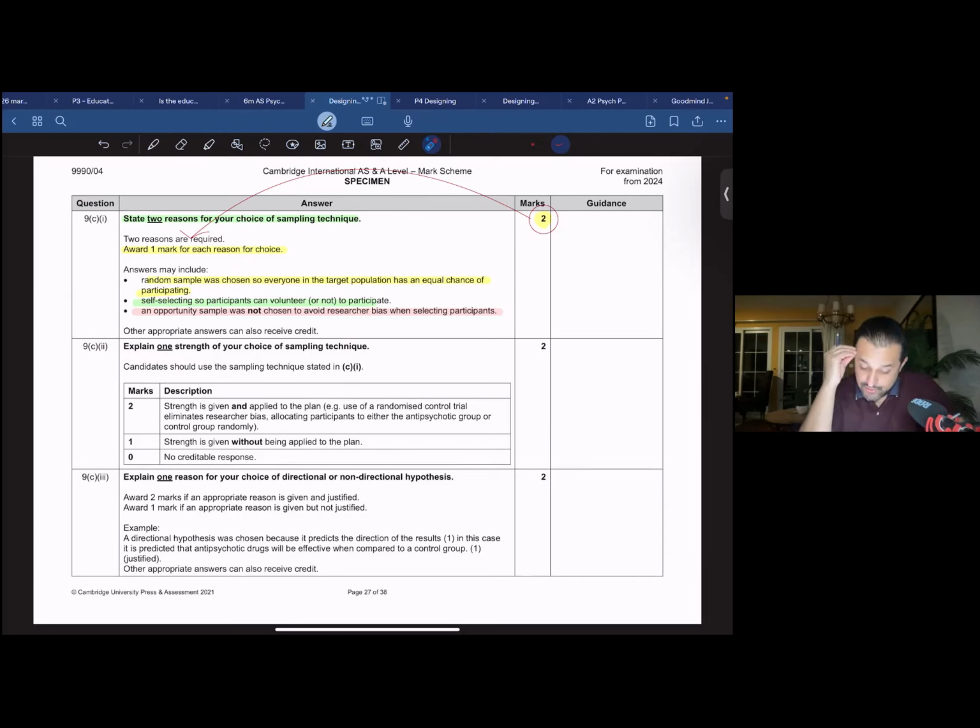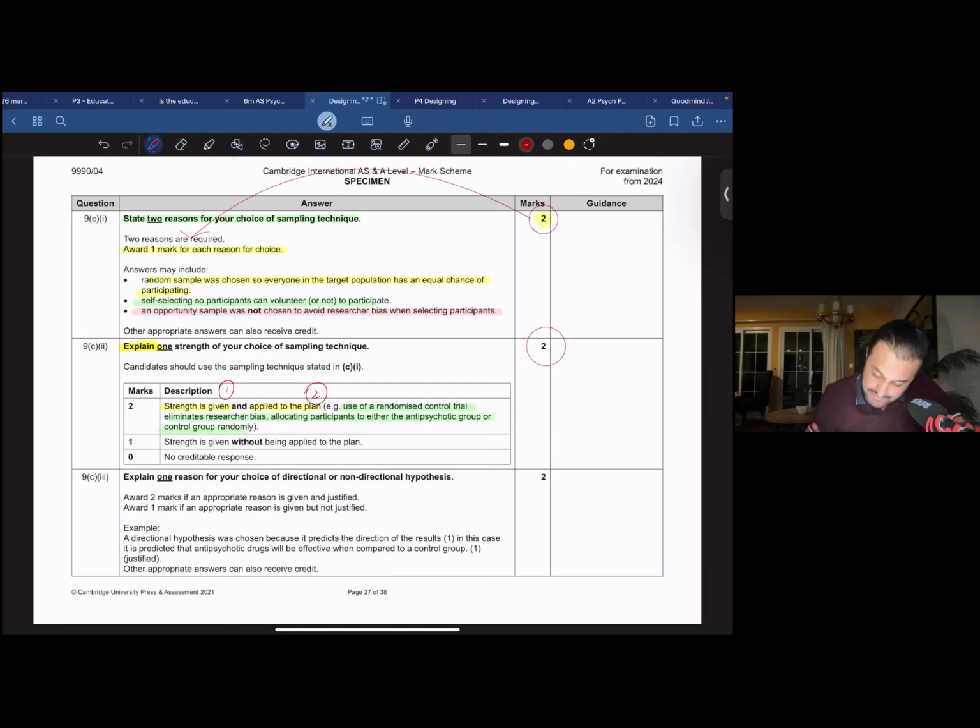Now, explain one strength of your choice of sampling technique. They're asking you to explain one strength. This is worth 2 marks, so they're expecting you to give details. The strength is given and applied to the plan. Like I said, you identify it and then you apply it to the plan. For example, use of randomized control trial eliminates researcher bias, allocating participants to either the antipsychotic group or control group.